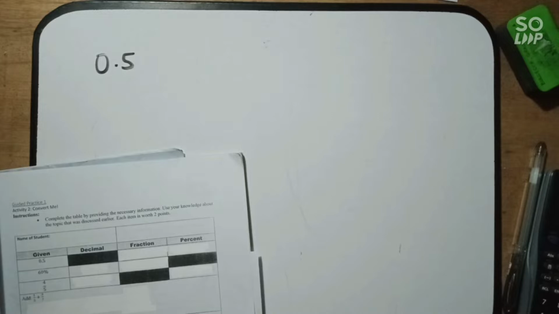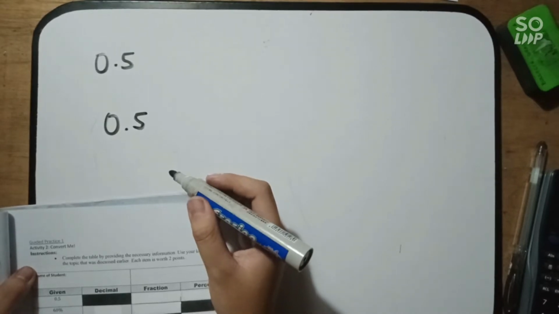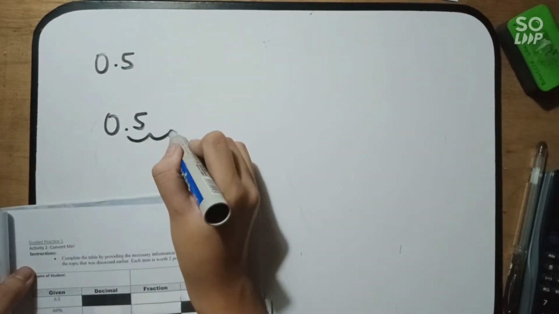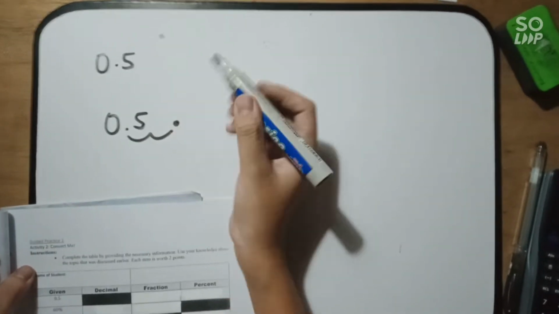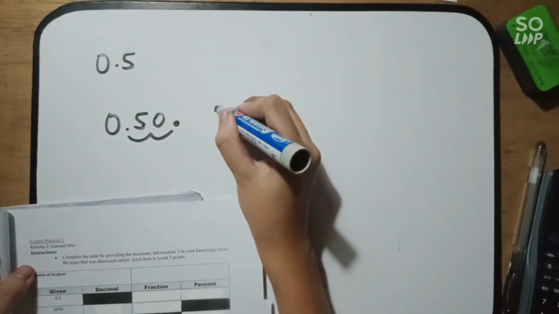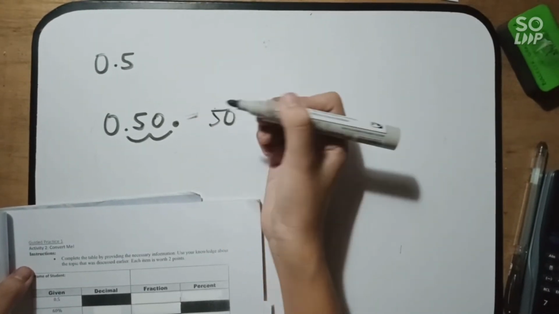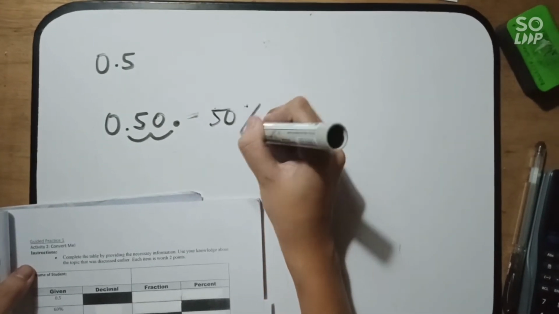In converting decimal to percent, what we're going to do is move the decimal point 2 places to the right. So 1, 2. The decimal point will be here, there will be a 0 here, and so it will become 50. Affix the percent sign.